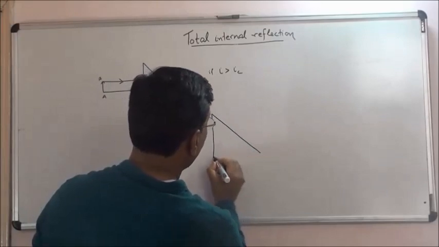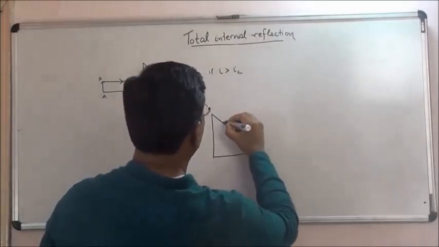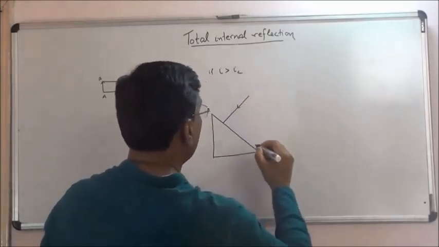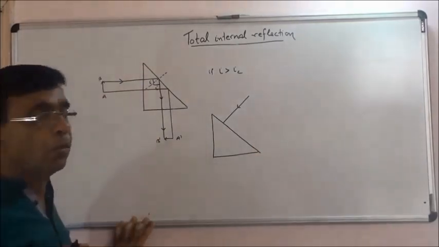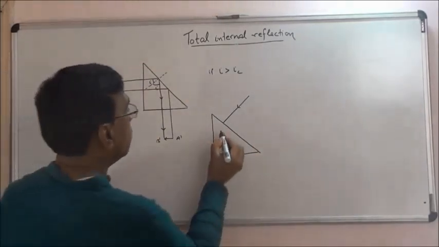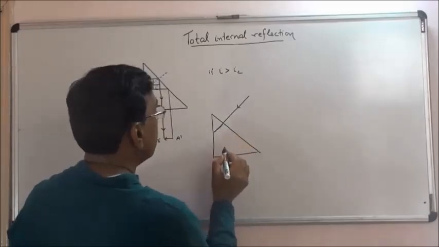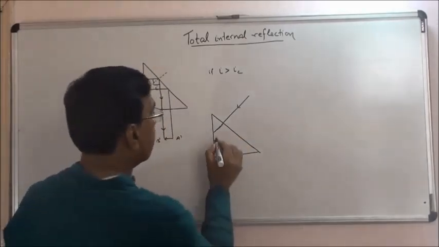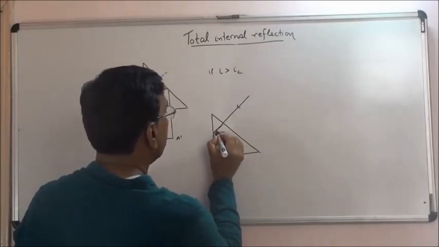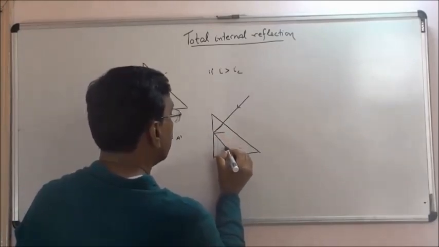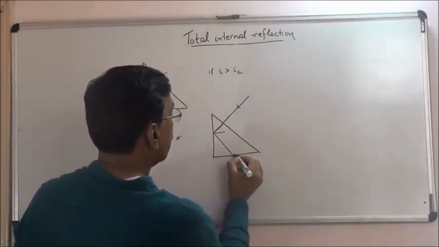I am just changing the direction of incident ray. And again, assume that the angle of incidence is more than critical. And if I again take that angle of incidence is 45 degree, it will come at 90 degree, and then again 45 it may go.